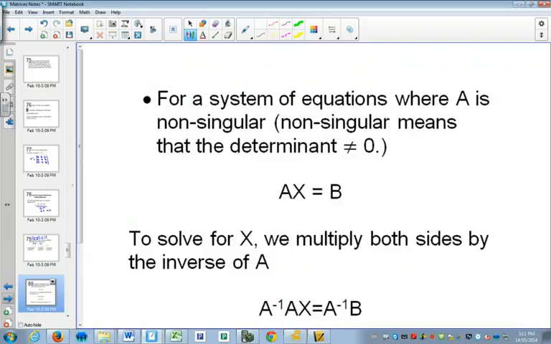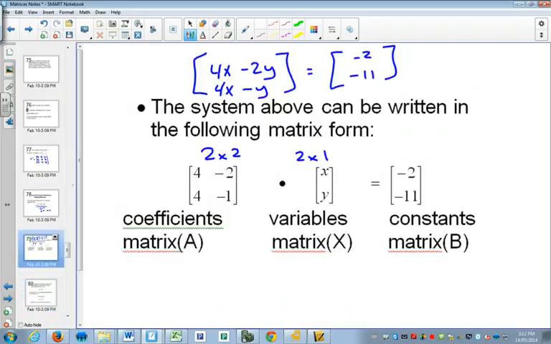If we call our coefficient matrix A, this matrix X, and the answer B, then if we multiply by the inverse, multiplying by the inverse gives you 1, and anything times 1, as a property of matrices, is itself.